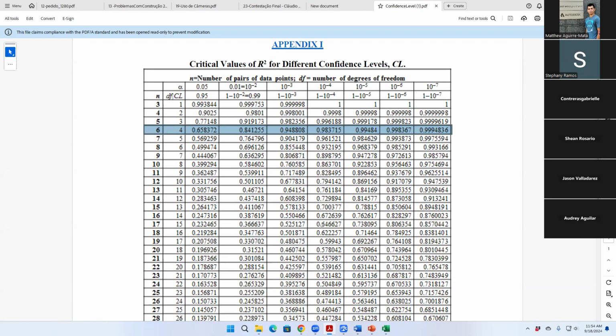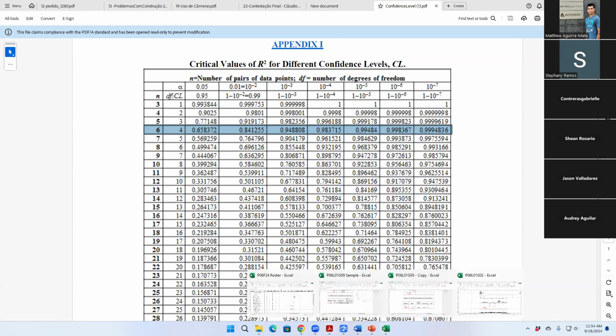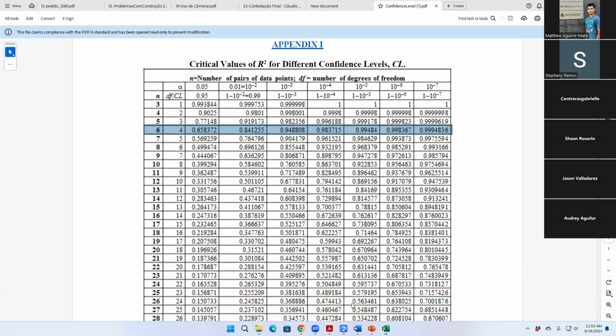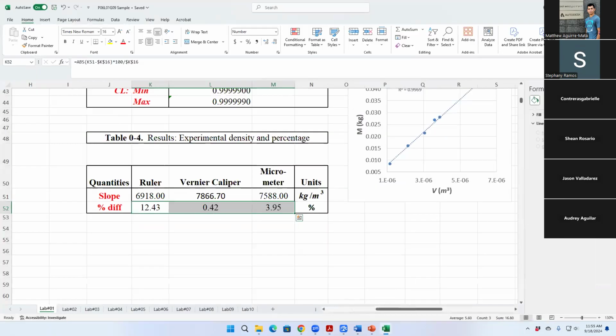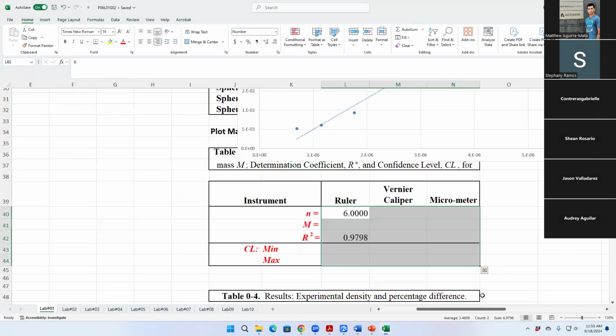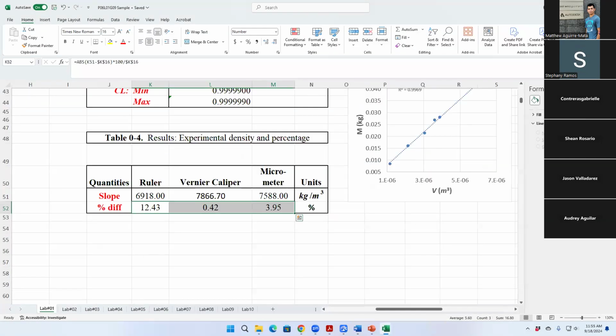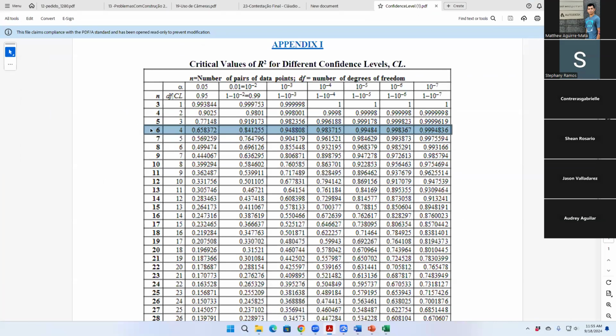Okay? And then you look at the R square. Your R square was 0.9798. So look here in this row where 0.9798 fits into it.